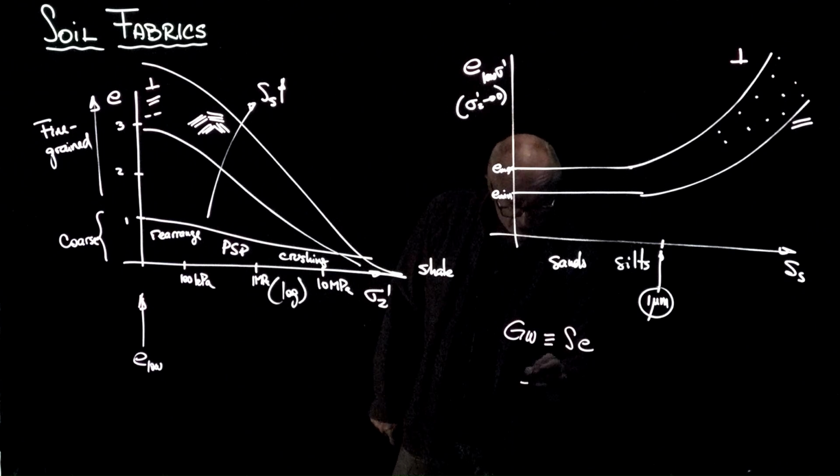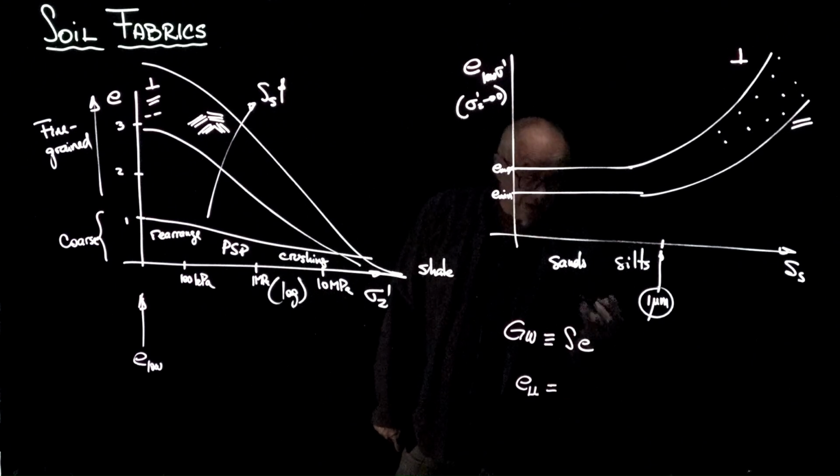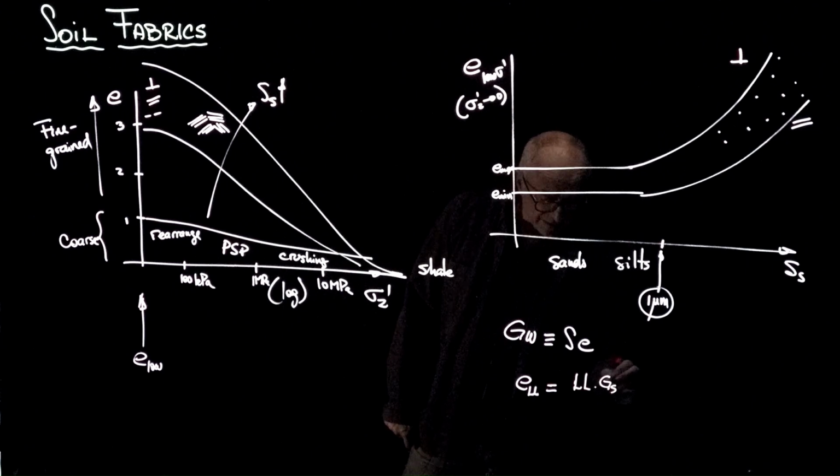the void ratio at the liquid limit is equal to, since at the liquid limit the soil is pretty much saturated, so saturation is equal to 1, the water content at the liquid limit times the specific gravity.